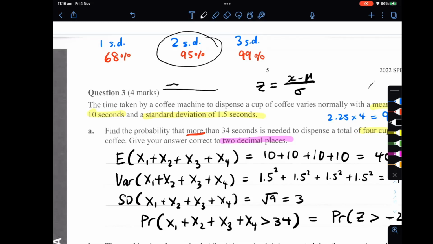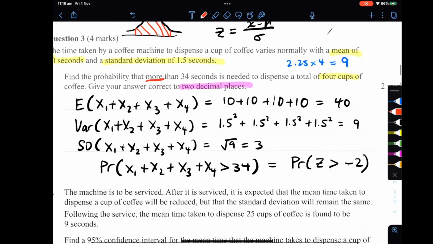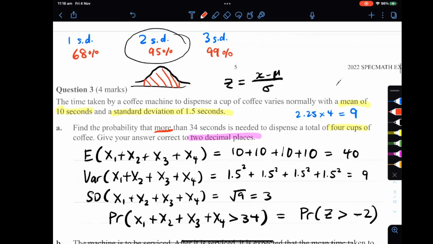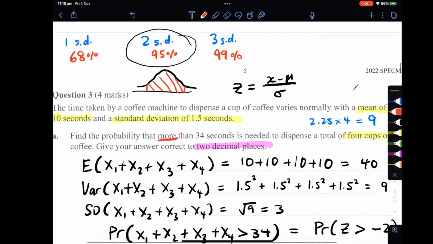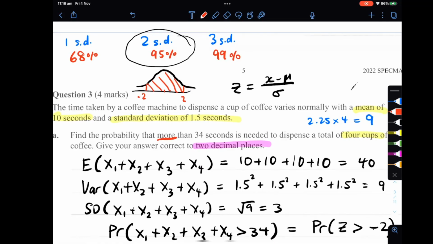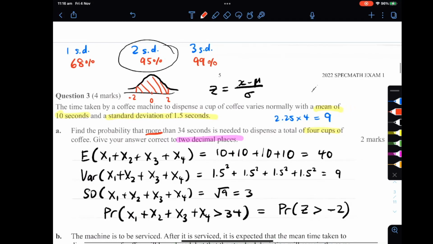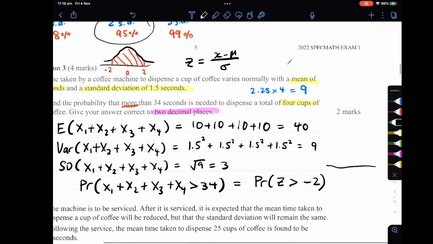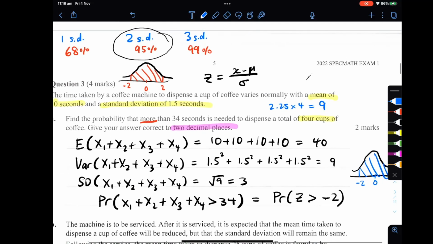And if you draw this on the diagram, the 95% is going to look like this. This is negative 2, this is 2, and this is a mean of 0. What we want is to find this area here. So how do we do that from this original area? Well, we just need to find the area of this area, which we have, and then add on a little bit of an extra one.